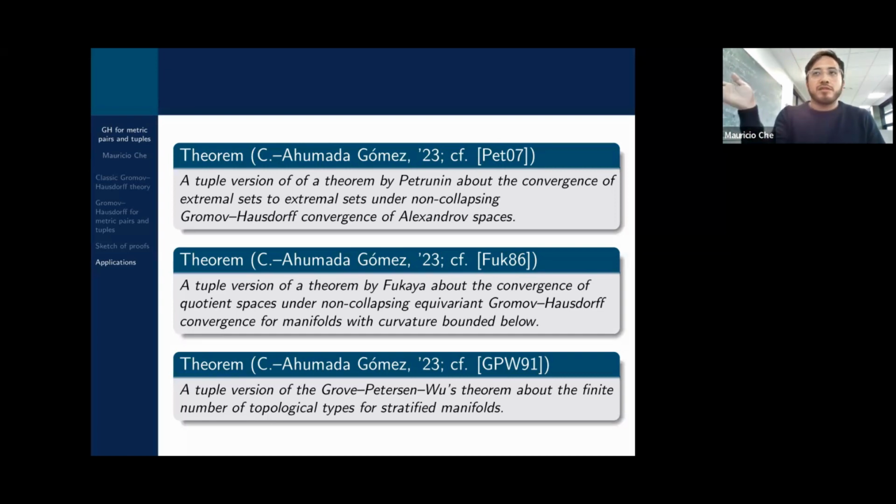And that gives us tuples. And then the quotients of those tuples by the action also converge to the corresponding quotient in the limit.